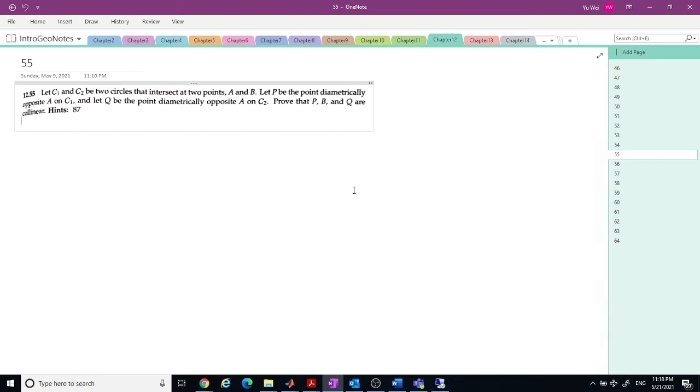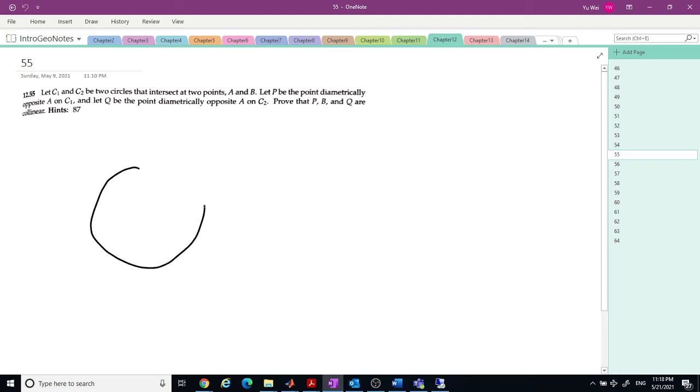Let C1 and C2 be two circles that intersect at A and B, okay? So we have two circles, called C1 and C2. They intersect at point A and point B. Okay, let P be the point diametrically opposite to A on C1.